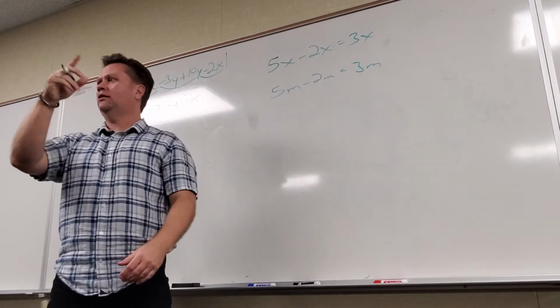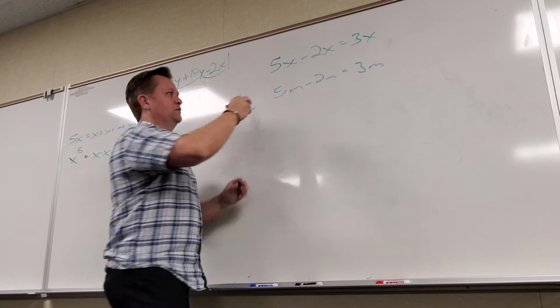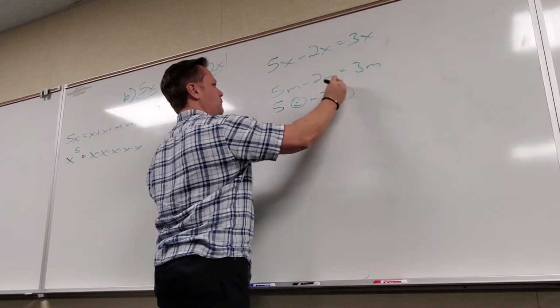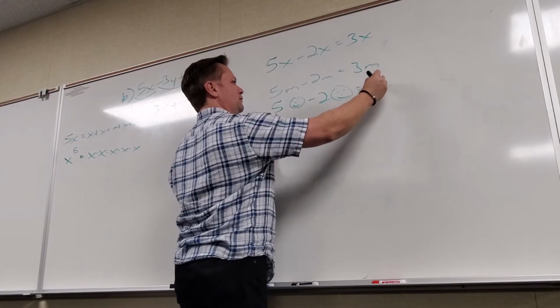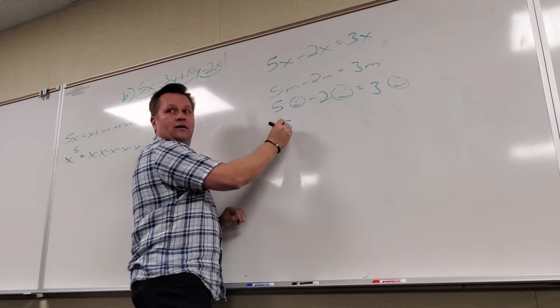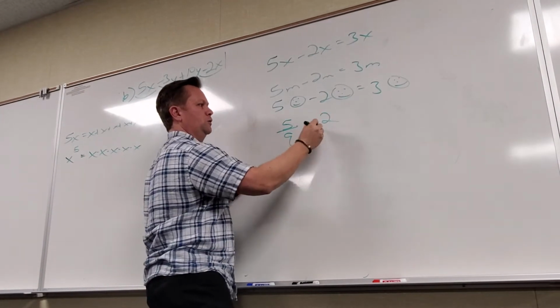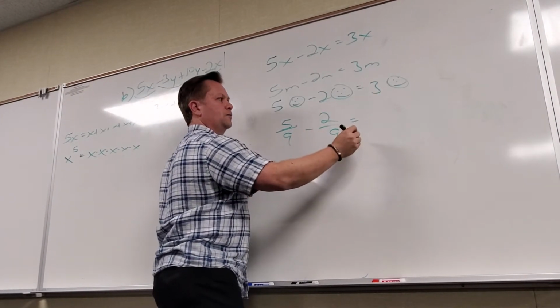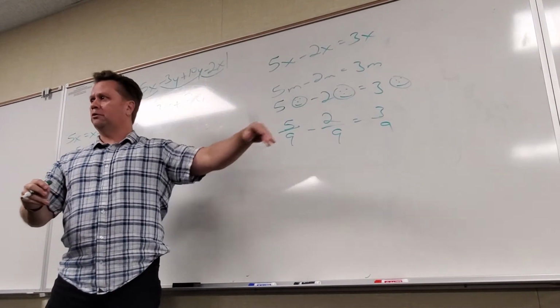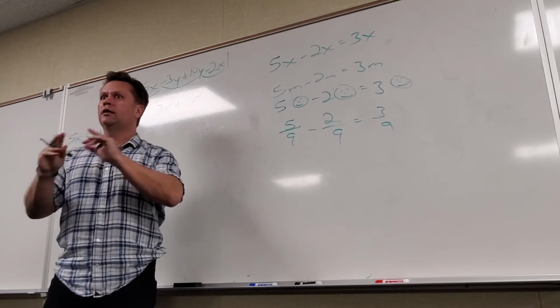And then you're like, how many times are you going to do this? 5 happy face minus 2 happy face is 3... Okay, we get the idea. Okay, so watch this. 5 ninths minus 2 ninths is 3 of these, right? And then, of course, you can do one more step, but let's focus on what we just did.